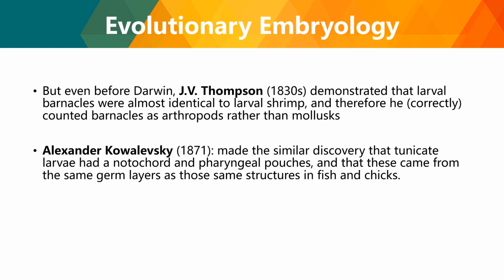So it's also very important for the grouping or identification of the evolutionary family of such organisms. So another one, we have Alexander Kowalevsky. He made the similar discovery that tunicate larvae had a notochord and pharyngeal pouches, and that this came from the same germ layers as those same structures in fish and chicks.